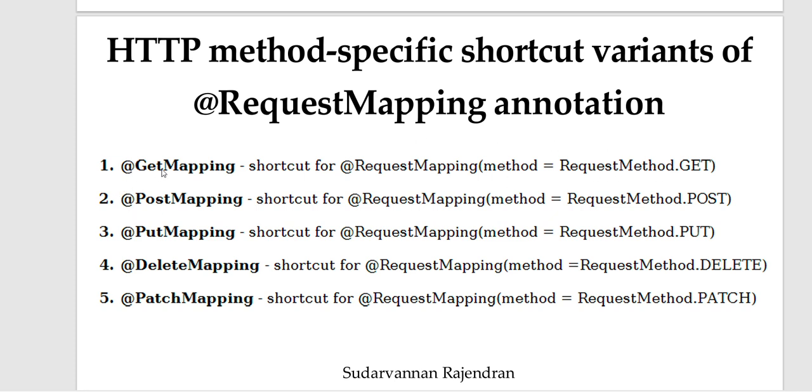So for the get method we can use @GetMapping, for the post method we can use @PostMapping, for the put method we can use @PutMapping, for the delete method we can use @DeleteMapping, and for the patch method we can use @PatchMapping annotations. These are the HTTP method shortcuts for the RequestMapping annotation.